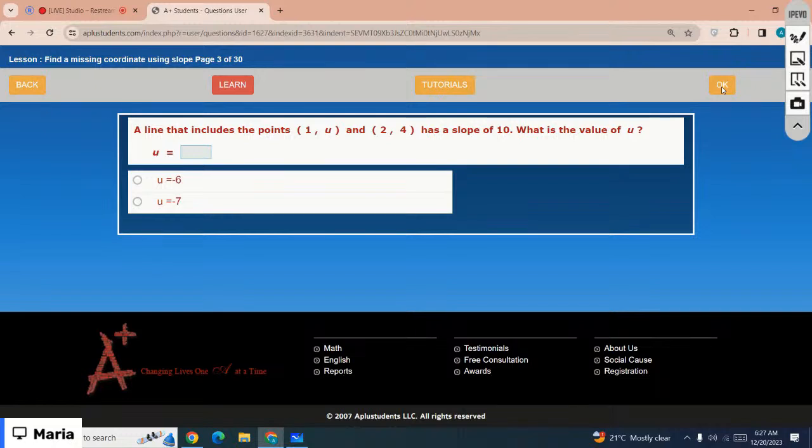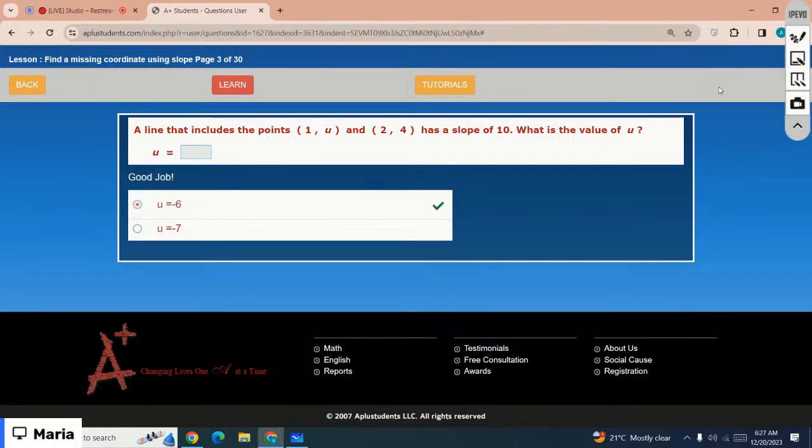Yes, it is. Negative 2, negative 6. The correct option is u equals negative 6.